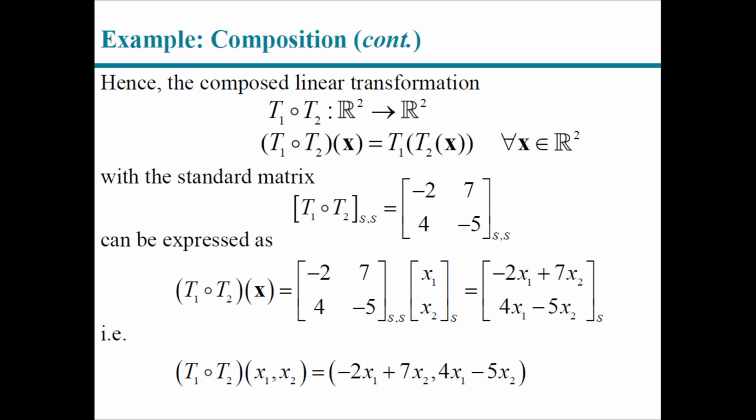Obviously, you see that the representation matrix for T1 circle T2 was different from the representation matrix for T2 circle T1. We know that order of multiplication matters for matrices, so we don't even expect them to be similar. So all this is quite a straightforward procedure.